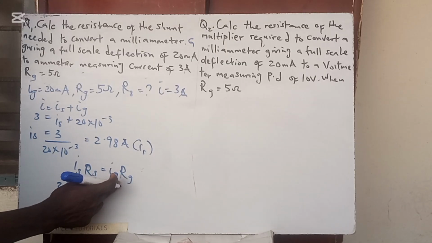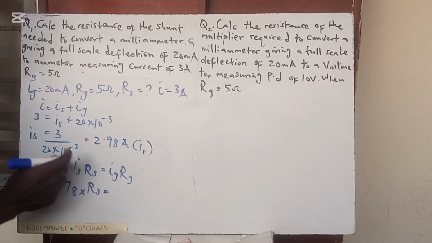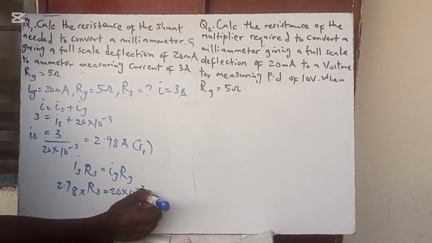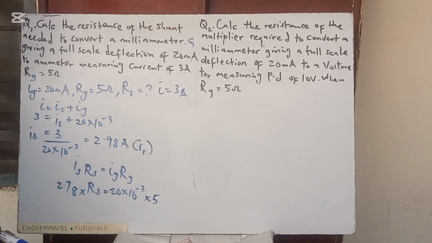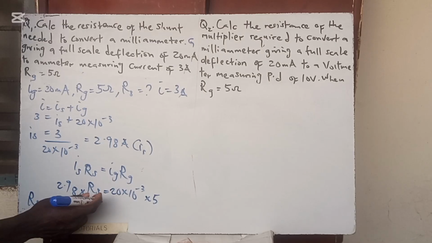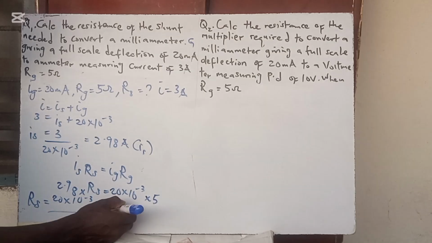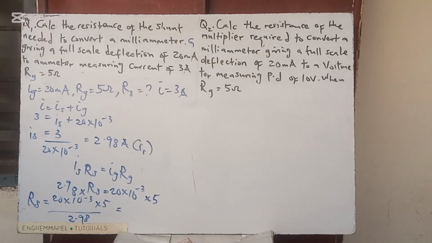Our Ig is 20 times 10 raised to power minus 3, then multiplied by our Rg, which is 5. So we can solve from there. Our Rs is going to be 20 times 10 raised to power minus 3 multiplied by 5 over 2.98. From our calculator, we should have 0.034.